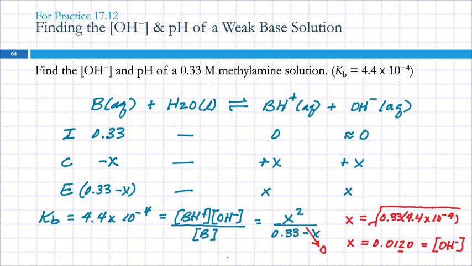Kind of took up the whole slide here. The pH then is equal to 14 minus the pOH. Sometimes I just do this on my calculator. pOH is negative log of hydroxide ion concentration. There's two negatives there, so it ends up being 14 plus the log of hydroxide ion concentration.